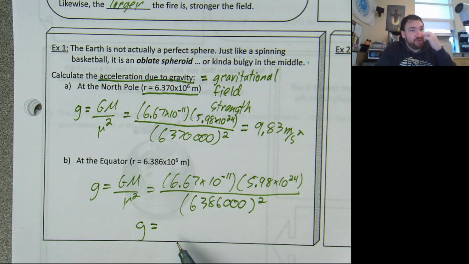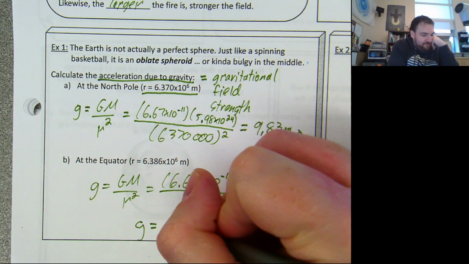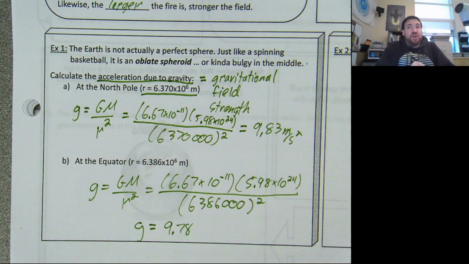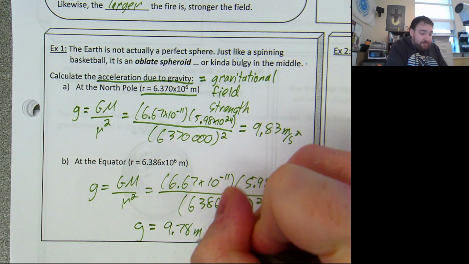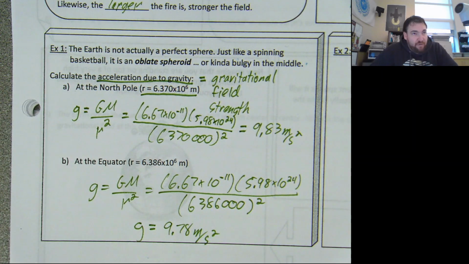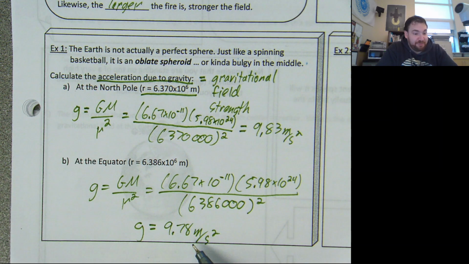What'd you get? I saw a bunch of you working on your calculator. 9.78. So again, not abundantly different from the value we have been used to. When you were calculating it using the spark tape a couple weeks ago, this is still well within experimental error, plus or minus 10%.